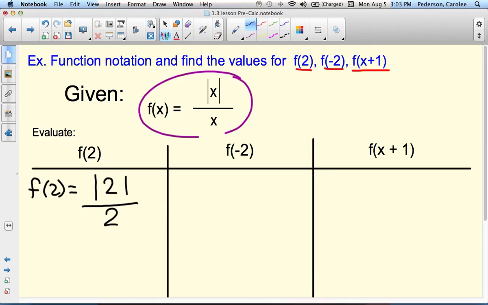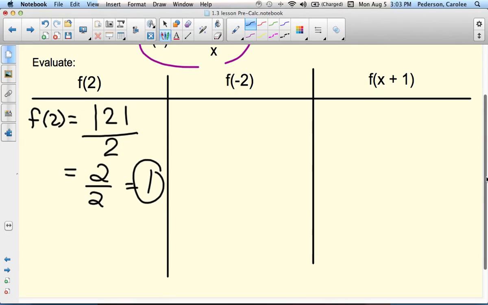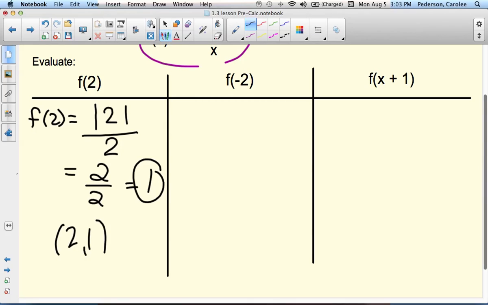And now we just simplify that. The absolute value of 2 is 2, over 2 is 1. So we say f of 2 is 1. That is an ordered pair. If we were to go ahead and graph this function out, 2, 1.